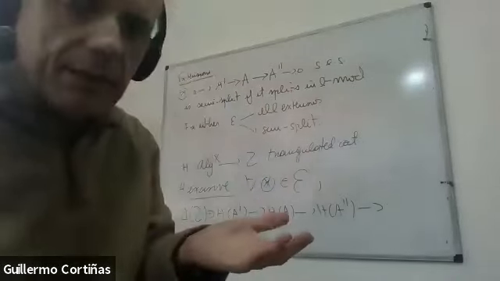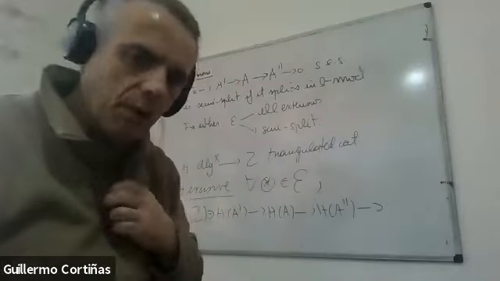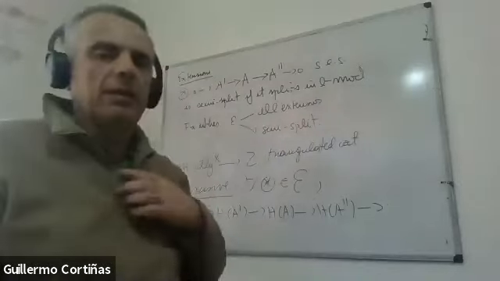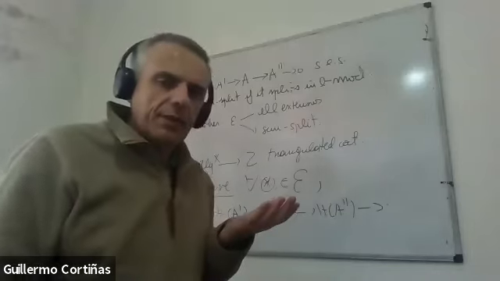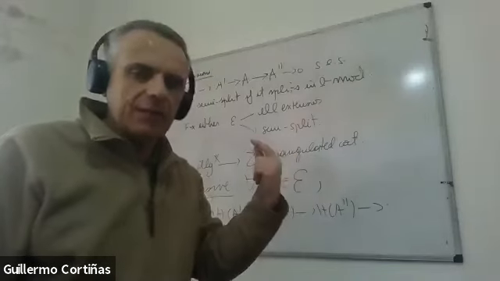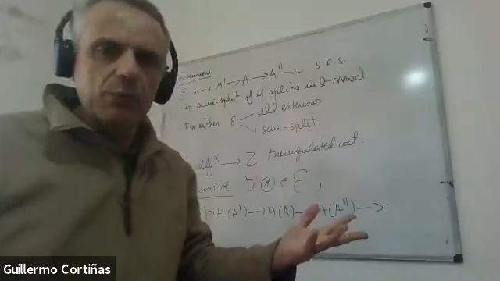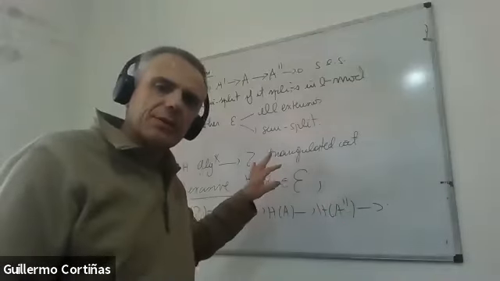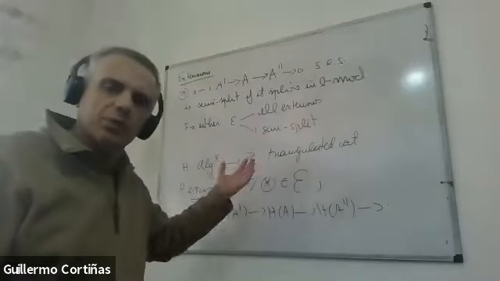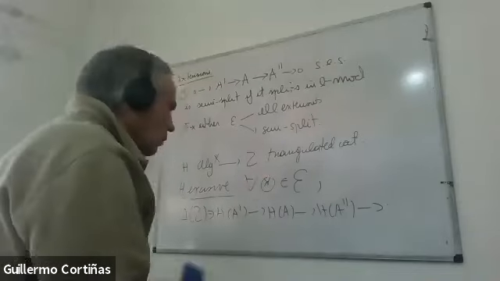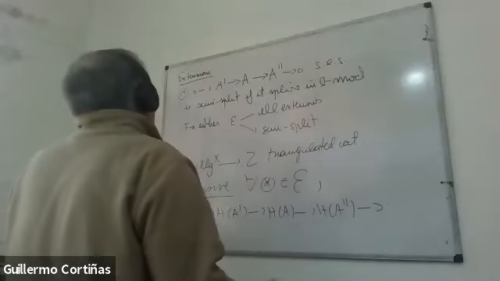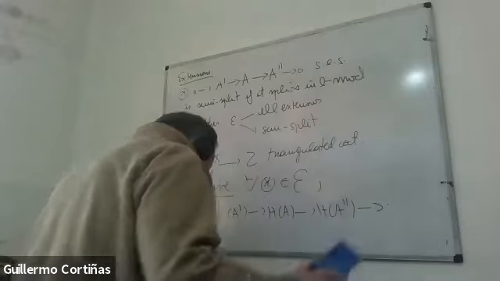Over a field of characteristic 2, you will have a linear section, but it might not commute with involution. But under the present circumstances, it even commutes with involution if L is a field of characteristic not 2.